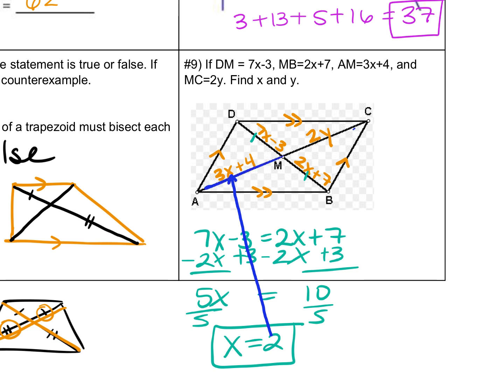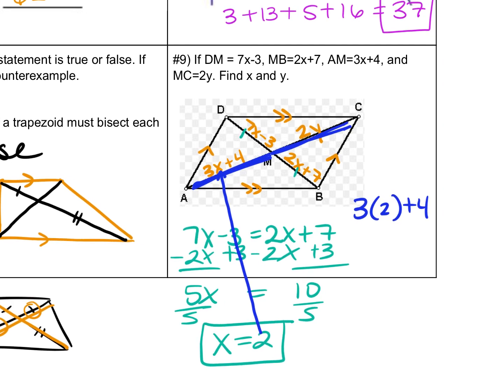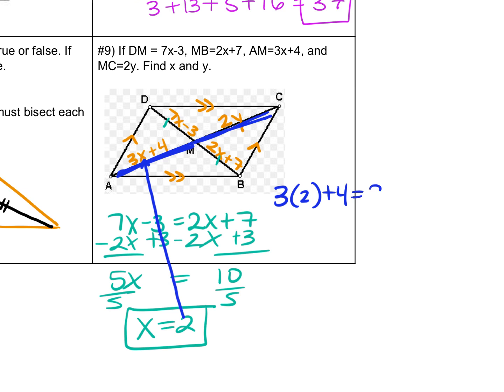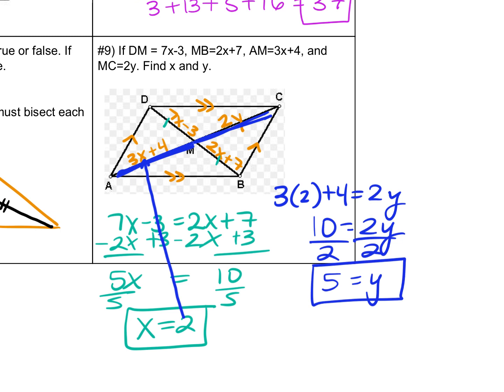And now these two are equal. So we're going to say 3 times 2 plus 4 should equal that 2y. So 6 plus 4 is 10 equals 2y. Divide by 2. So y should be 5. Okay, and you can plug those back in and check your values. They should be the same here and there.